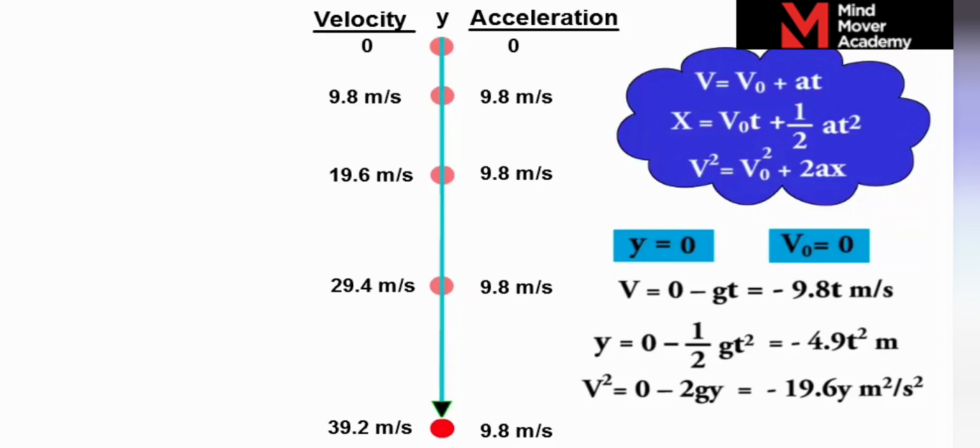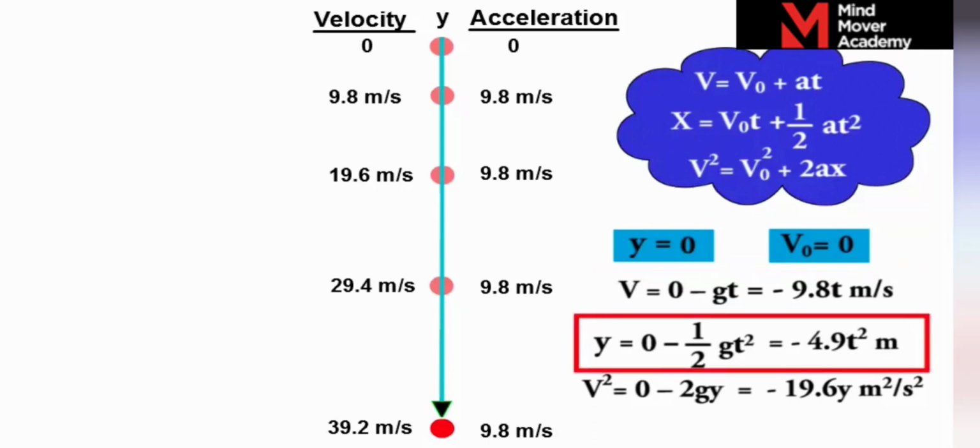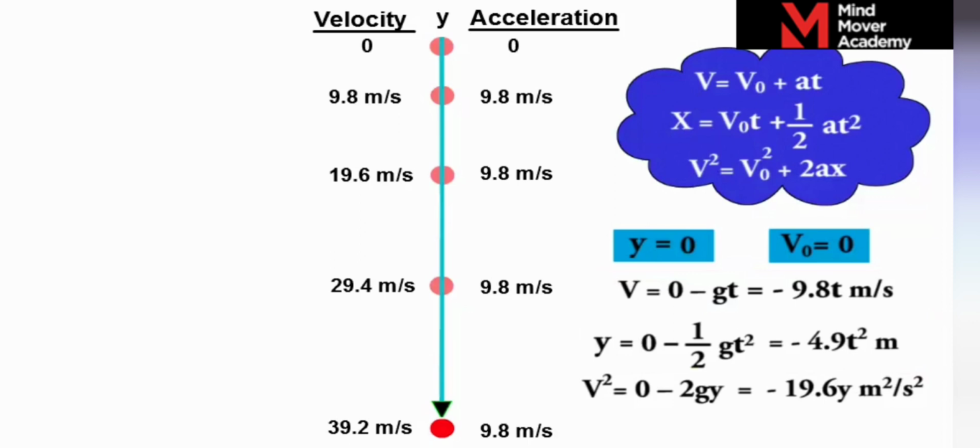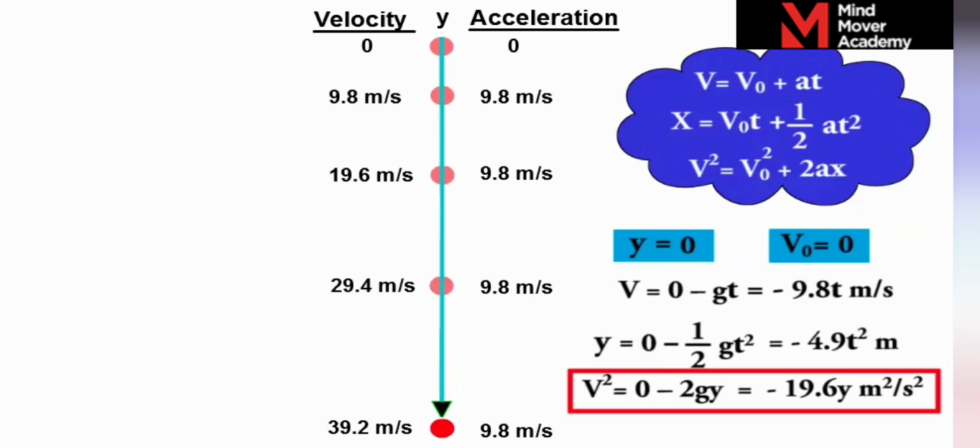These equations give the velocity and the distance traveled as a function of time, and also the variation of velocity with distance.